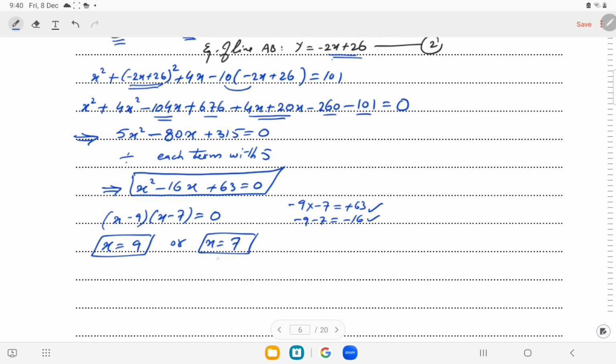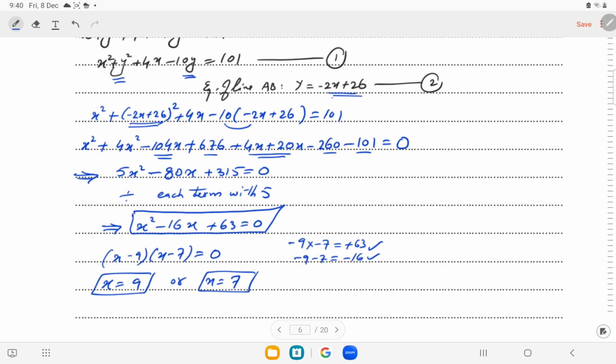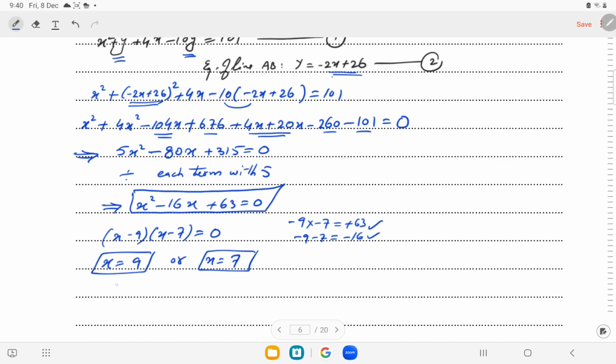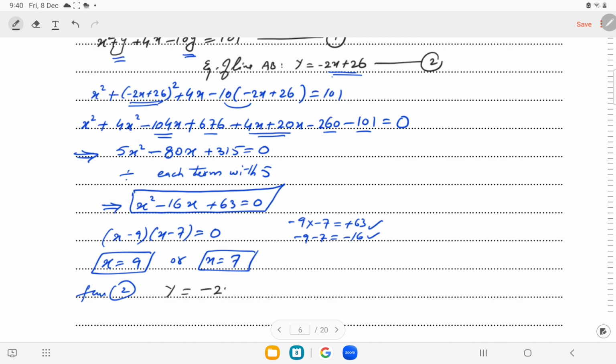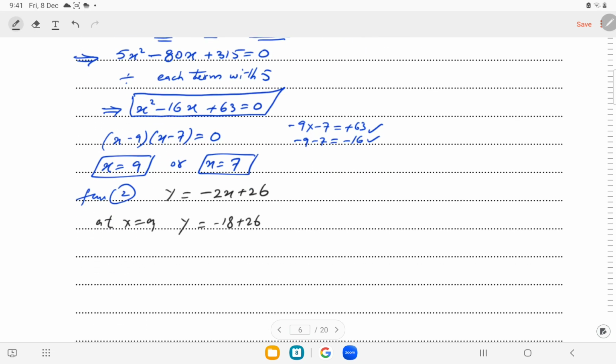Now you need to replace this in equation 2 to get the complete coordinates. From 2 we have y equal to minus 2x plus 26. So when x is equal to 9, we get y equal to what? Minus 18 plus 26, that gives you y equal to 8.